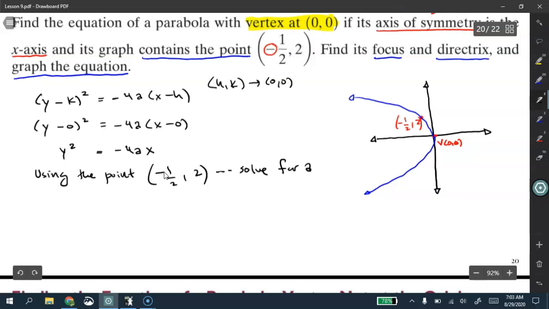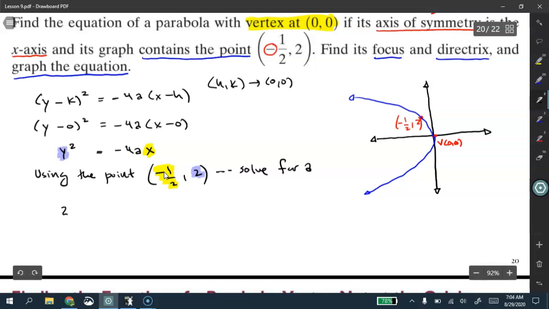You've actually done this skill when you learned about lines. So in other words, the negative half is going to go to where the x is, and the 2 is going to go to where the y is. And that's going to leave you with an equation to solve that will help you tell a. So let's go ahead and apply this really quickly.